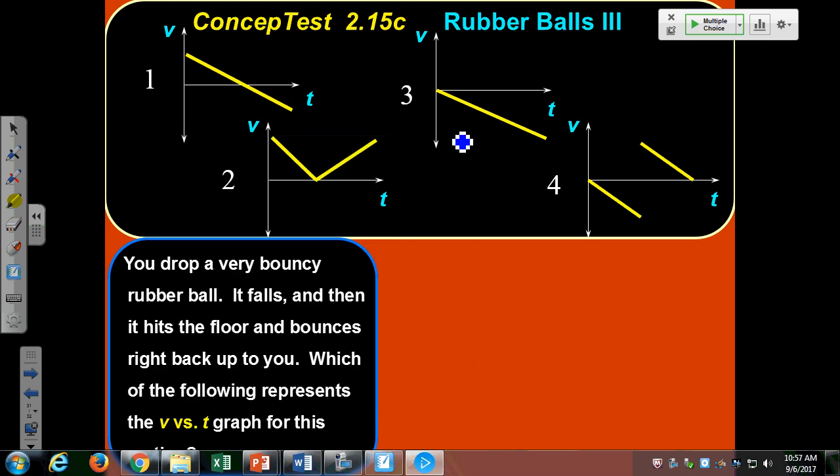I start out with a small negative velocity, and then it gets faster. In fact, this is its fastest speed just before it hits the ground. So at this point is where it hits the ground.